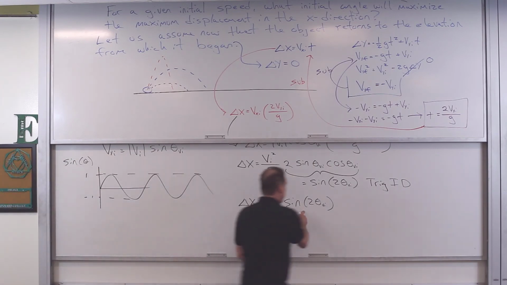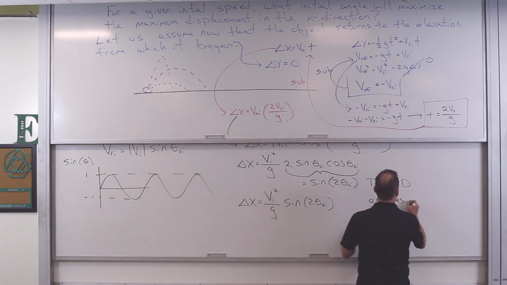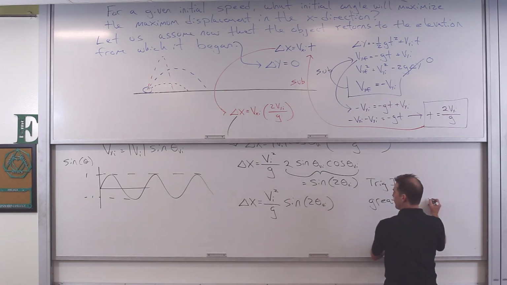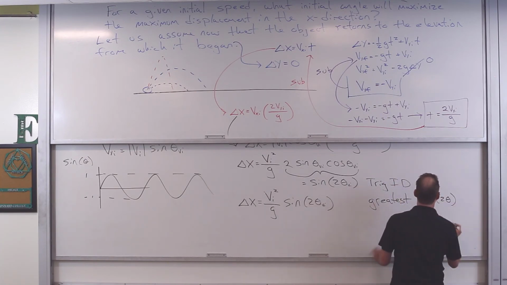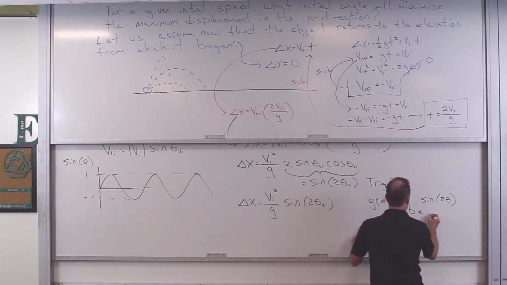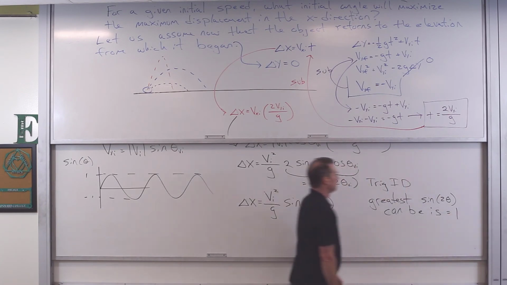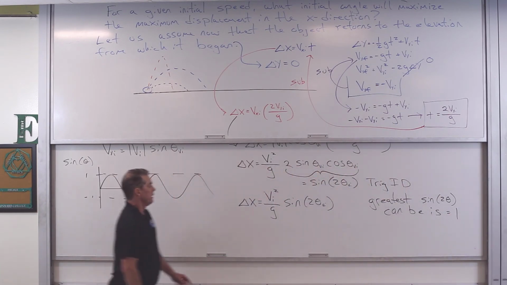The greatest that the sine of 2 theta can be is 1. It's the greatest that it can be.